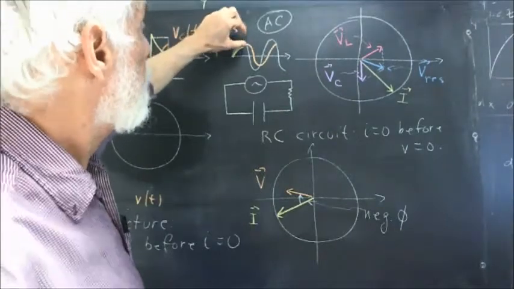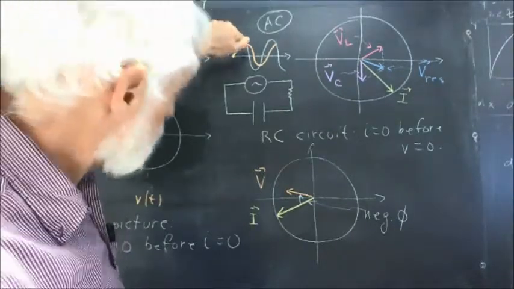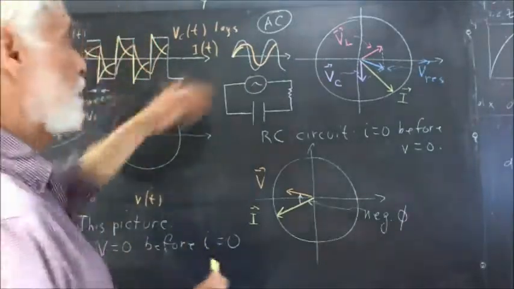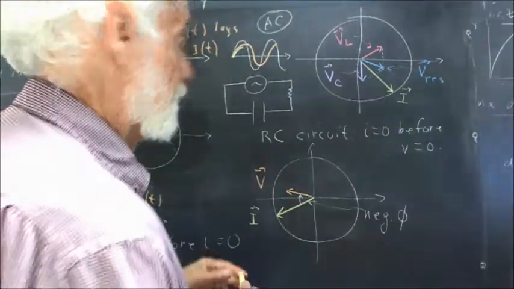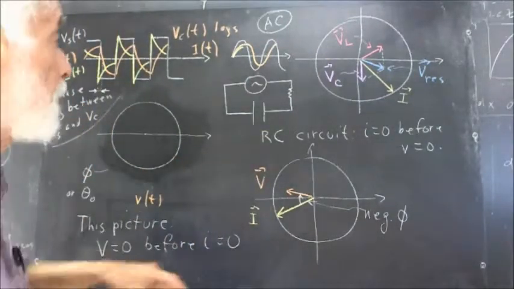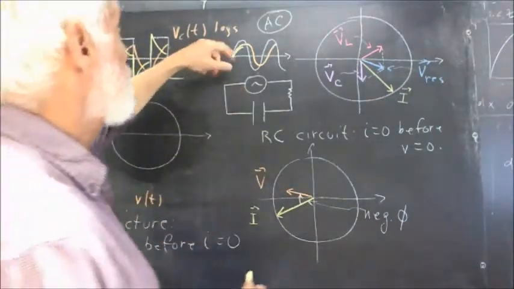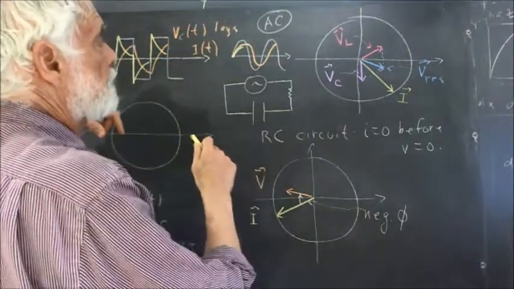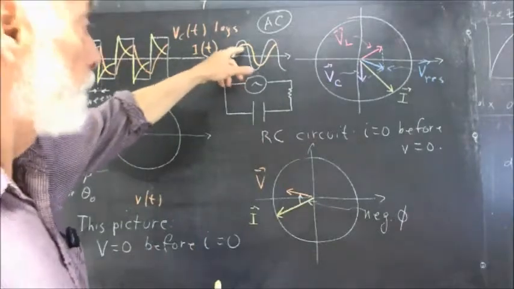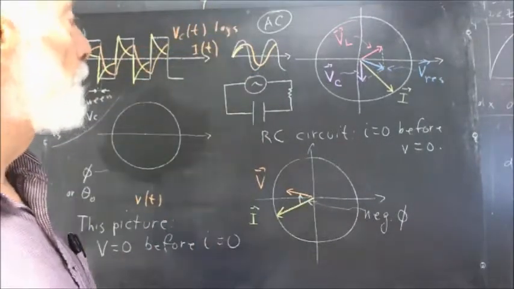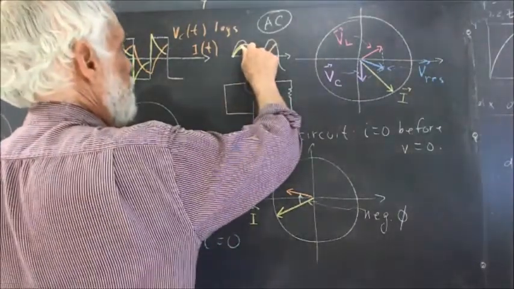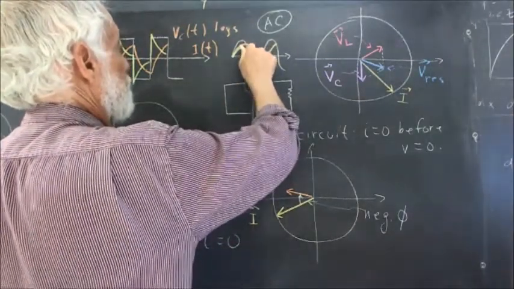but then the capacitor voltage opposing the source voltage is going to start getting closer to the source voltage because the source voltage is decreasing while the capacitor voltage is still increasing. Now, we don't want to get into the details of how that works, although it's something you would do well to think about. But then the current, which is driven by the difference in these two voltages, is going to start decreasing at this point.